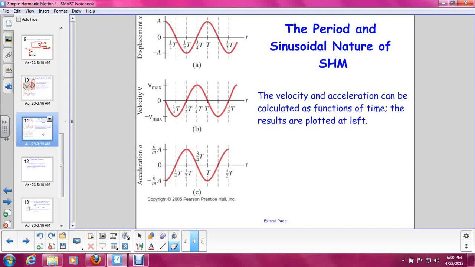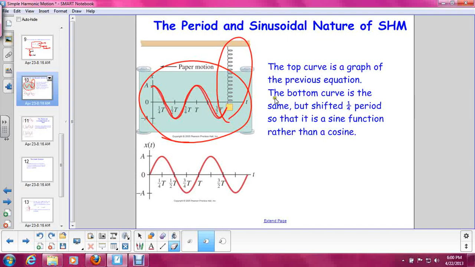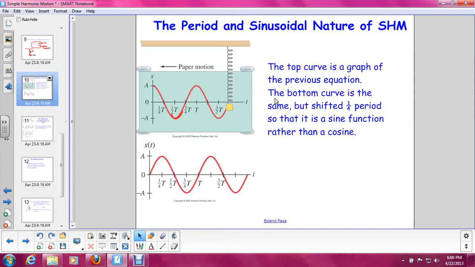So if we think about this for a second, this mass is going to move back and forth. At this point, it's trucking. It's moving very fast. It's being pushed out past its equilibrium point and then going out to its farthest amplitude.